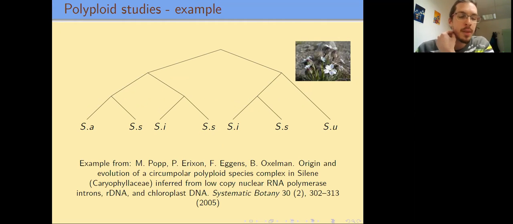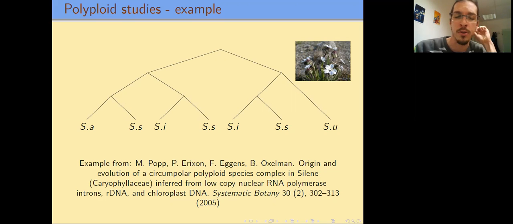So for example, this is an example from a paper studying some species of plants, where you can see the species SA, SS, SI, and SU. They don't have the same number of copies of their genome. So the tree itself represents the history of the genome, and they are labeled with the species they belong to, which means that, for example, the species SS, which has 3 copies of its genome, appears 3 times, sorry, in the leaf set of the tree.